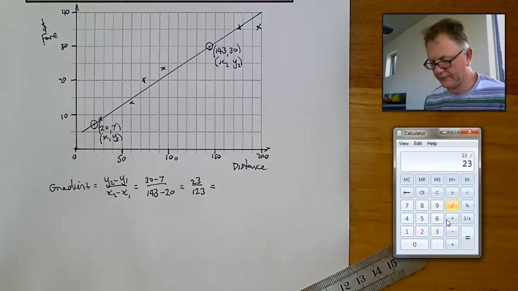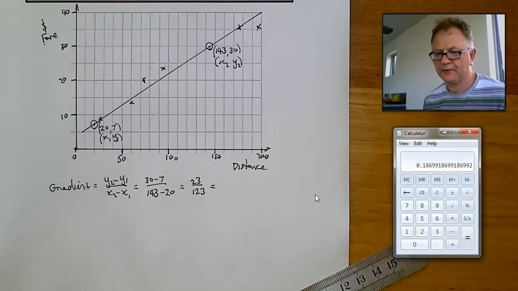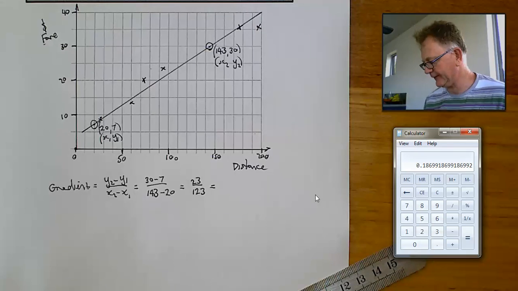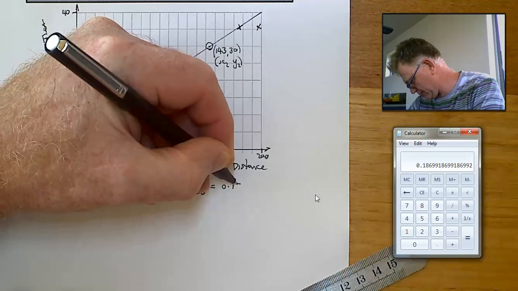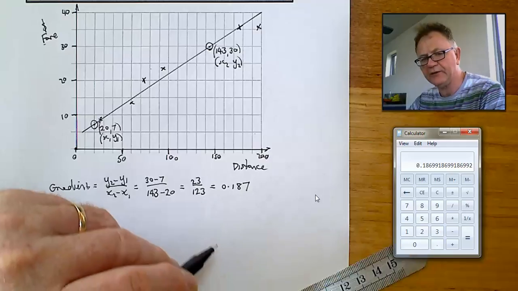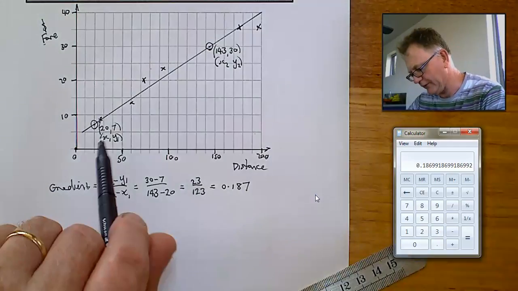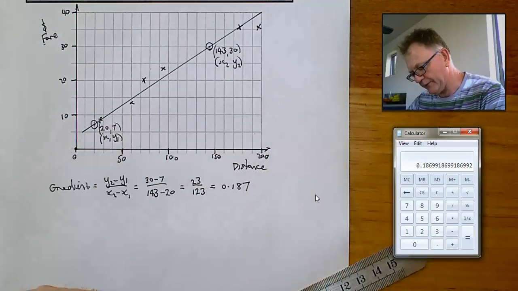23 divided by 123 is 0.187. Notice I've got a positive value. I'm very pleased about that because my line has got a positive gradient.